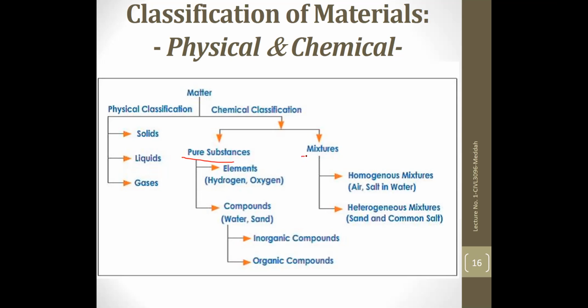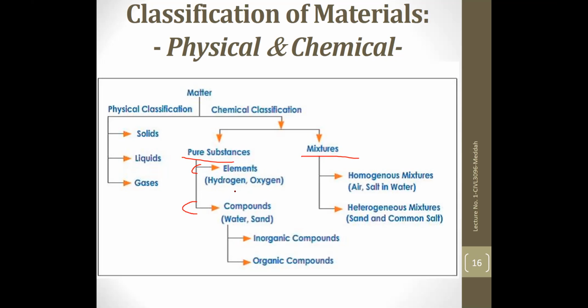So what's the difference between pure and the mixture? Of course, pure is not mixed with any other element. So for pure substance, you could also find element and compound. So element is formed by only one element, but a compound is a mixture of two. But still, we call it a pure substance.